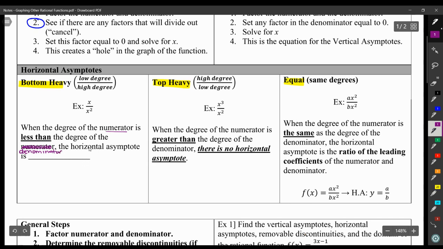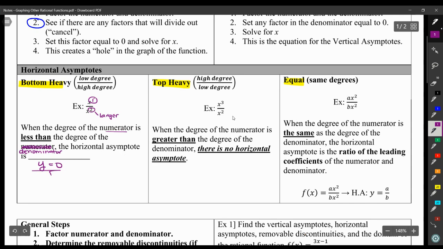So if you have a smaller degree on top than you do on bottom, so if we look at this example, the degree on the top is 1 and the degree on the bottom is 2. So this one is larger. That means your horizontal asymptote is automatically y equals 0 every time. So if you have a bottom heavy rational function, your horizontal asymptote is y equals 0.